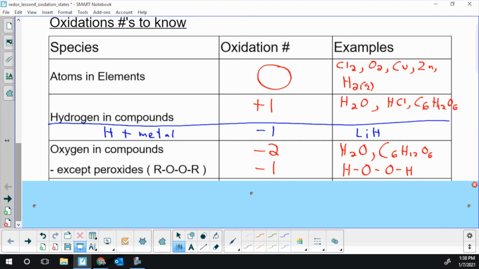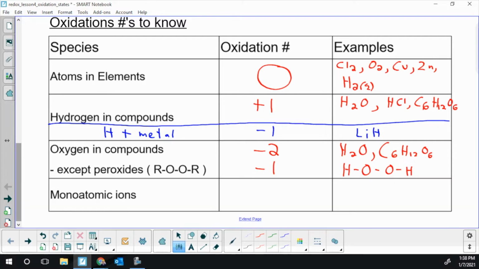Okay. Again, you will see peroxides in this course, so I left it red. The blue line is the one that you're not going to see tested from me. The last row, which is something we've really already dealt with, is monoatomic ions. So one atom in an ion.